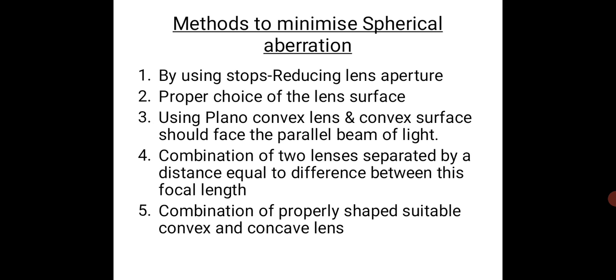Fourth method is the combination of two lenses separated by a distance equal to the difference between their focal lengths. Fifth, the combination of properly shaped suitable convex and concave lenses. So these are some methods to minimize spherical aberration.